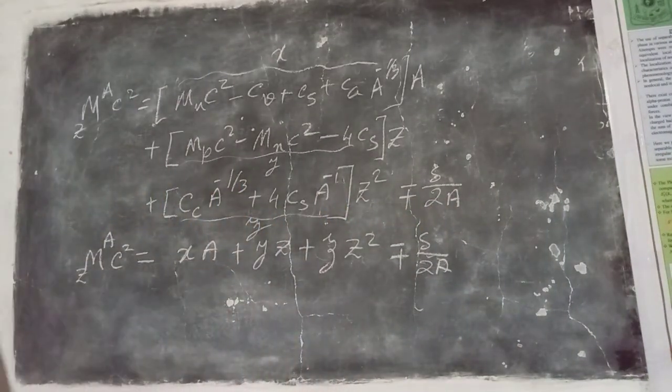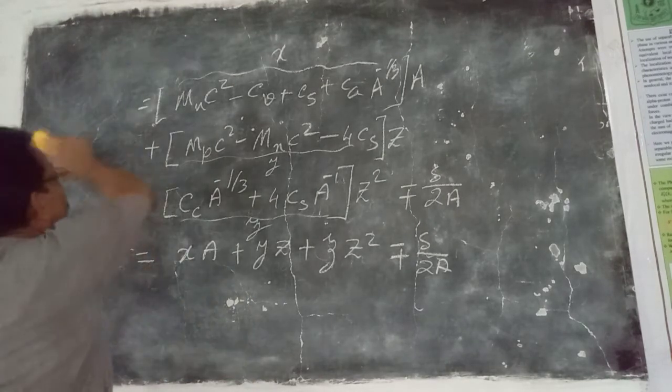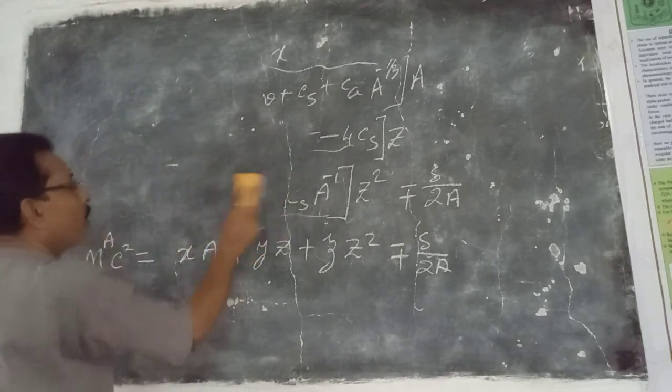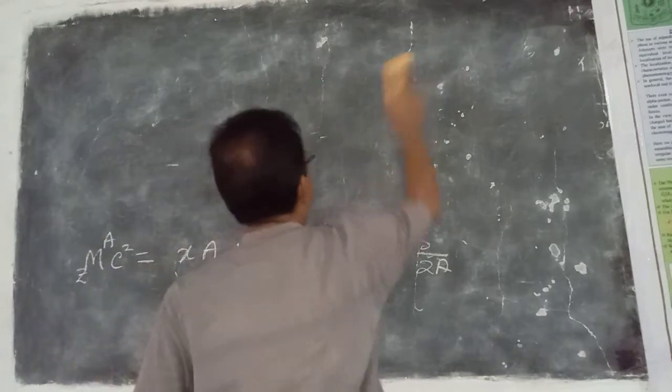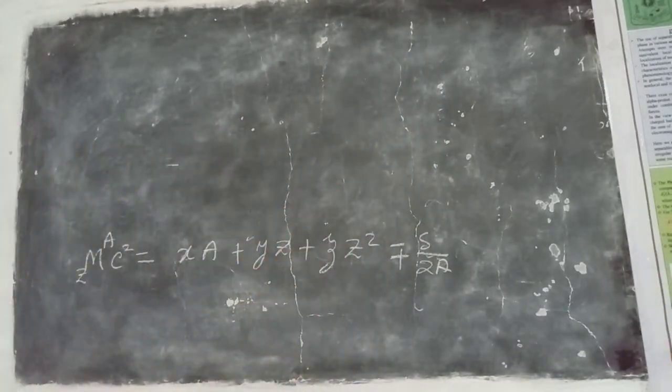This is the equation of a parabola. Therefore this binding energy formula contains several constants or parameters.